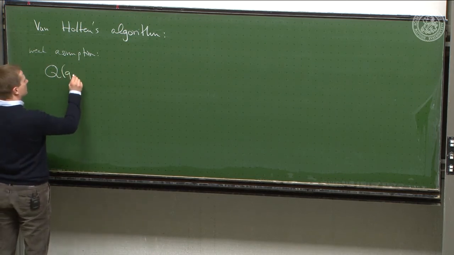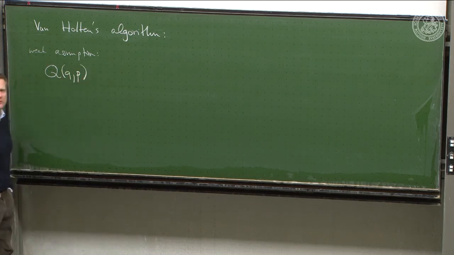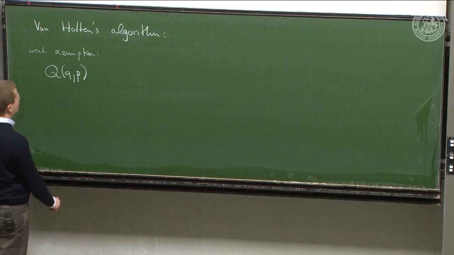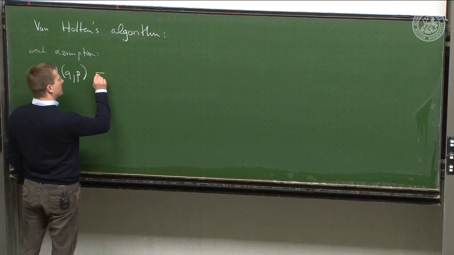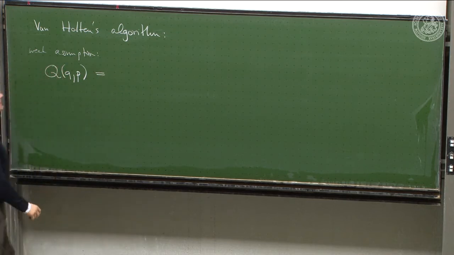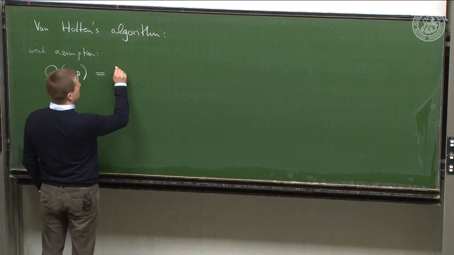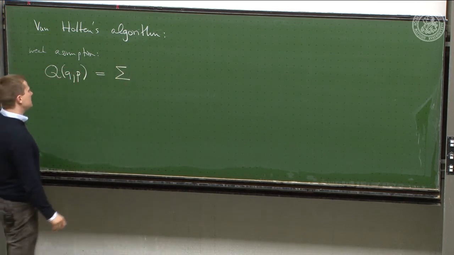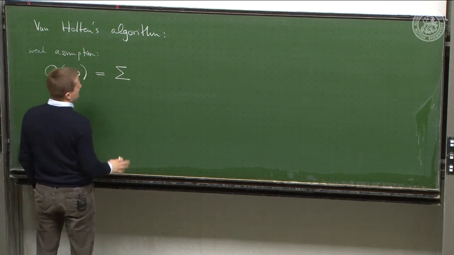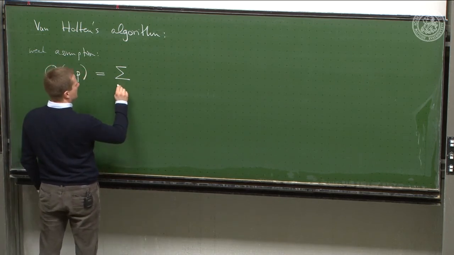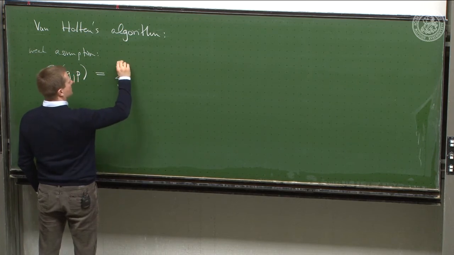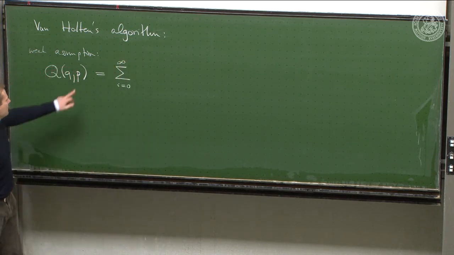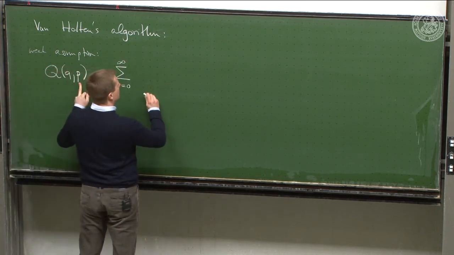That Q depends on the q's and the p's, and this is a smooth function on the symplectic manifold. But now we'll restrict a little bit. It's not any smooth function, but a smooth function that you can expand into a series, which could be a finite series, but that is of course included, i equals 0 to infinity, in terms of the momenta.